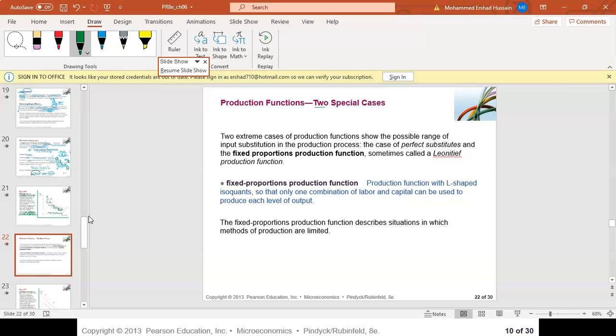Two special production functions. These two extreme cases of production functions show the possible range of input substitution in the production process.